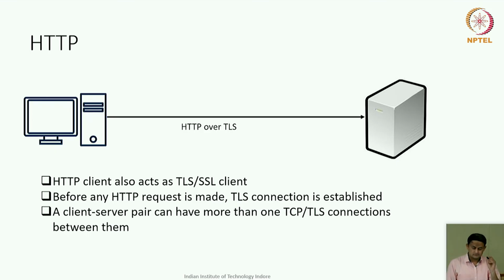Before this request goes, the TLS connection needs to be established. Before that, the TCP connection needs to be established. So as I said again, the first thing is the TCP connection, the second thing is the TLS connection, and then subsequently along the timeline you have the HTTP request being made. The client is sending a request to the server.